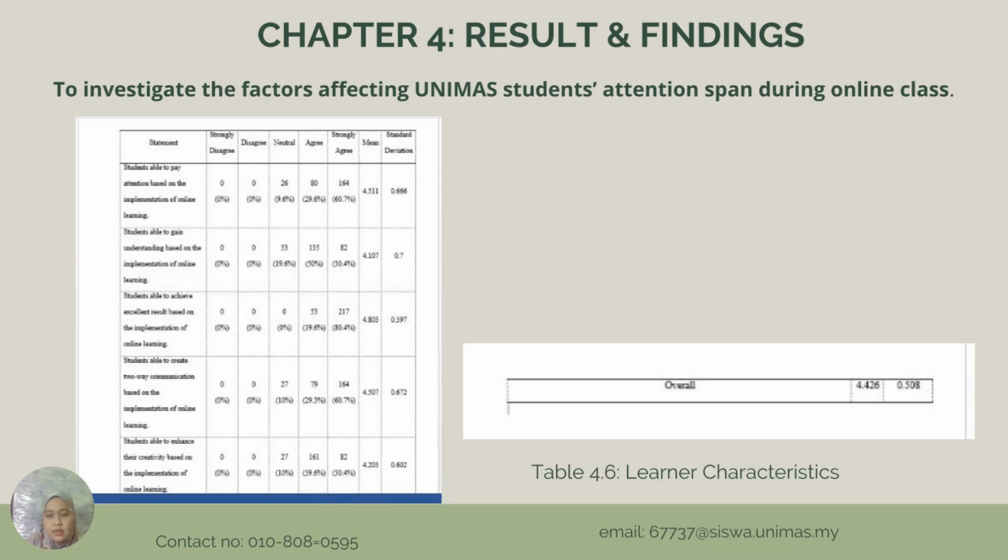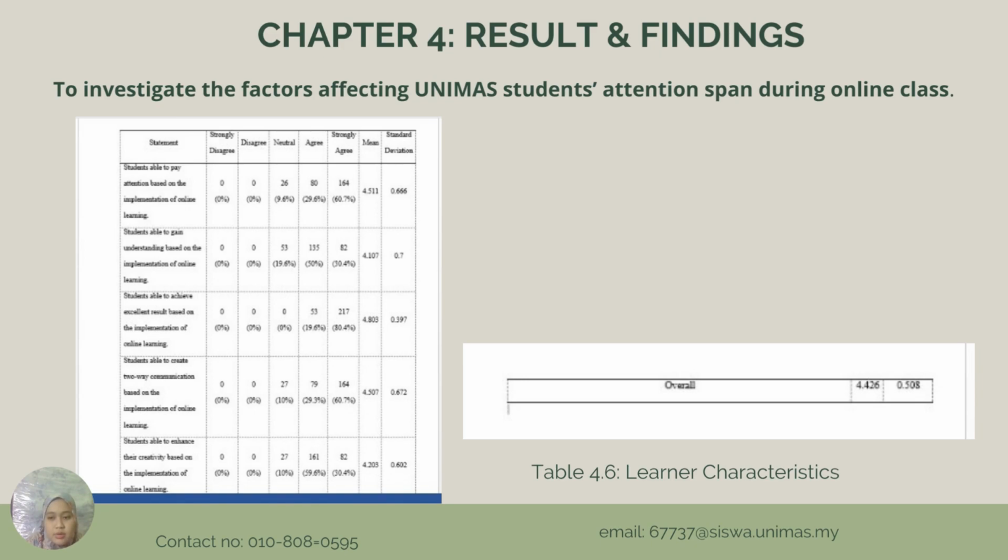The descriptive statistics of 5 items of learner characteristics are listed in Table 4.6. The findings show the majority of respondents strongly agree that students able to achieve excellent results based on the implementation of online learning, 30.4%, followed by students able to pay attention based on the implementation of online learning, and students able to create two-way communication based on the implementation of online learning, 80.4%.